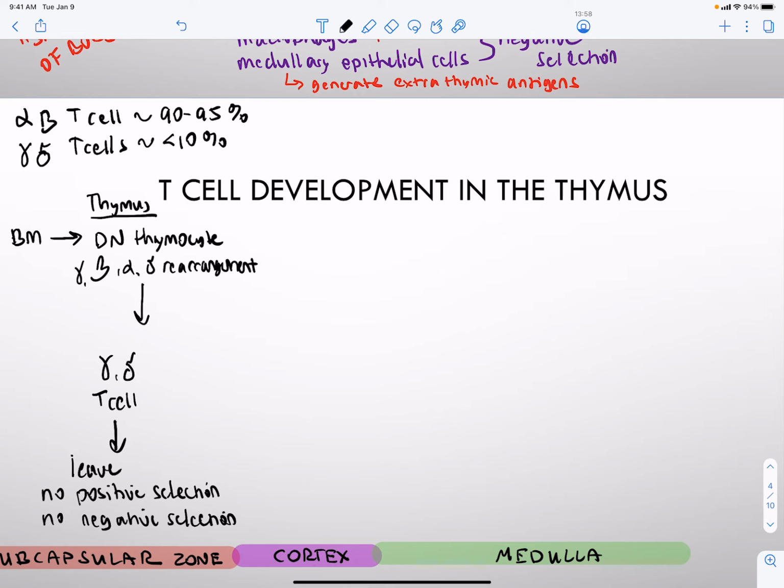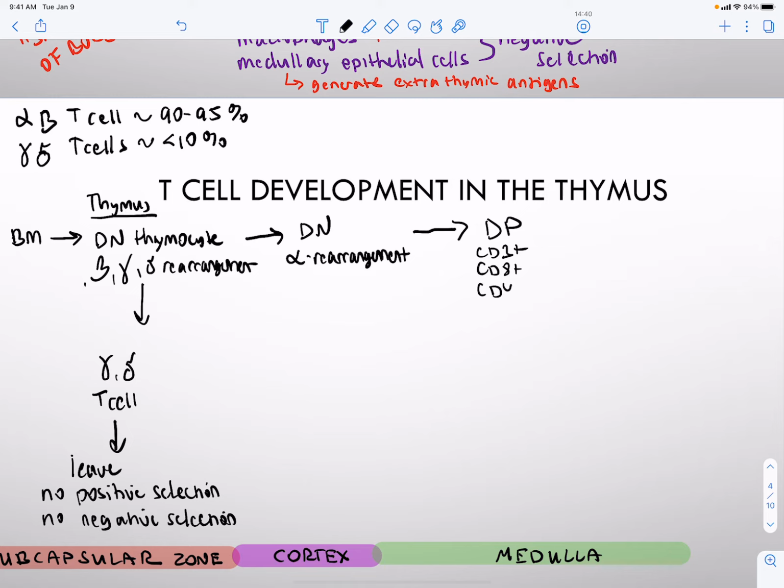Now this double negative thymocyte will then move onto the next stage. It's supposed to be beta, gamma, delta, not alpha. Sorry. And it will move to the next stage of the double negative stage, and this is to do alpha rearrangement. And then once it does the alpha rearrangement, it becomes a double positive thymocyte. And it's going to express CD3, CD8, and CD4.